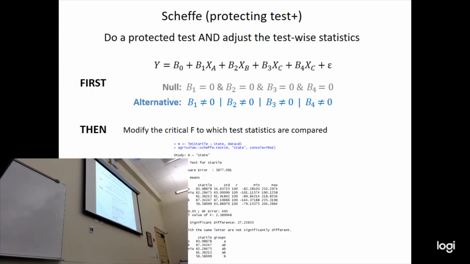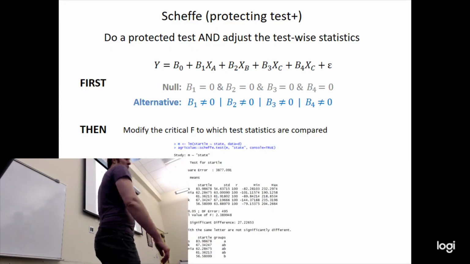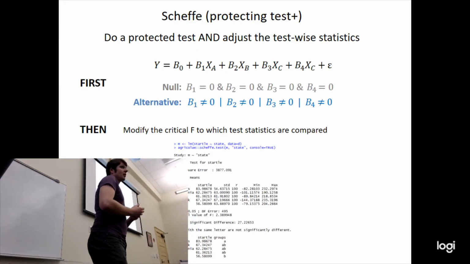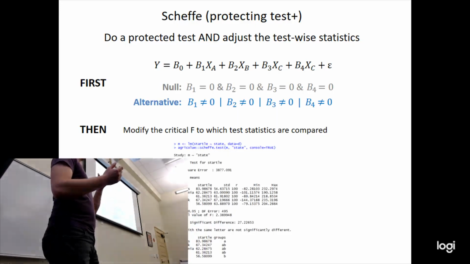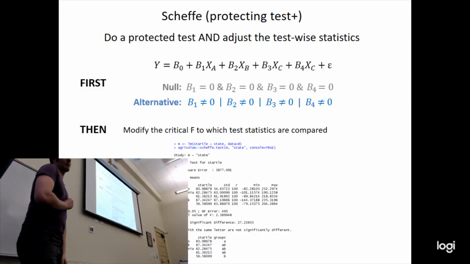So if you want to know more about this, I recommend that you go to the Kirk paper, read about the Scheffé method, and maybe you'll find a package that implements this, or maybe you can do the correction on your own. But I'm showing you that there's a way to do it that at least covers some of the cases that you might encounter, and the way it works anyway is by modifying that critical test statistic.